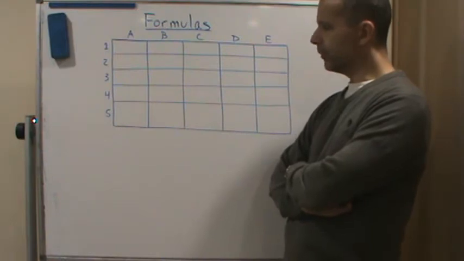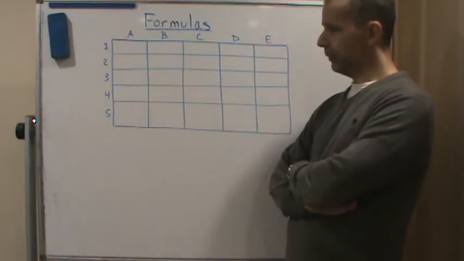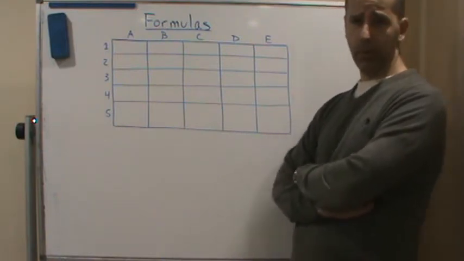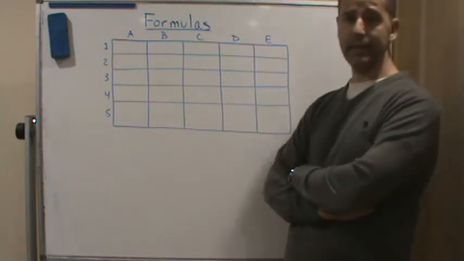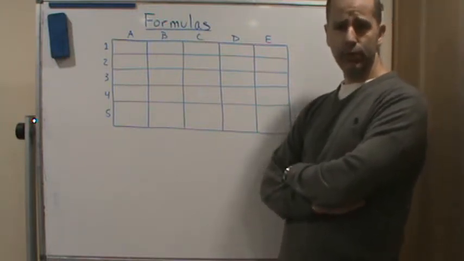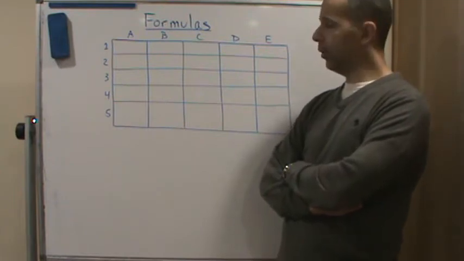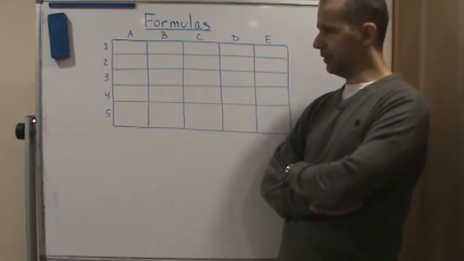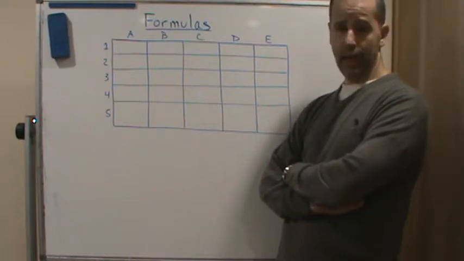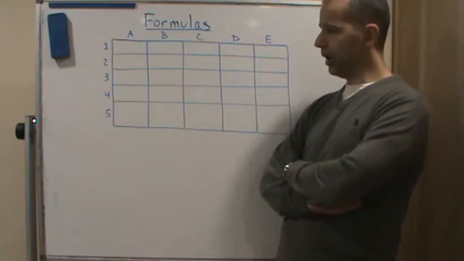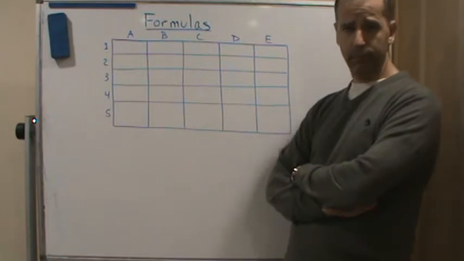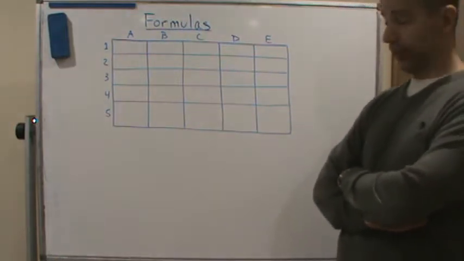So when you have a spreadsheet, even if it's on paper or an electronic spreadsheet, it's a table that helps you keep things organized and make calculations, right? In a spreadsheet like this, you've got rows and columns. The rows are indicated by numbers. The columns are indicated by letters.